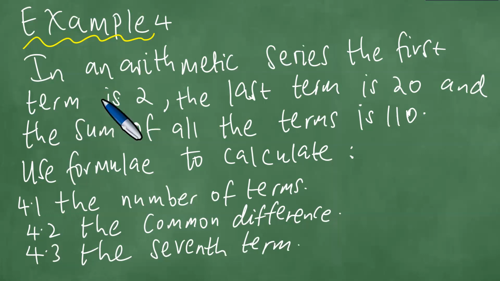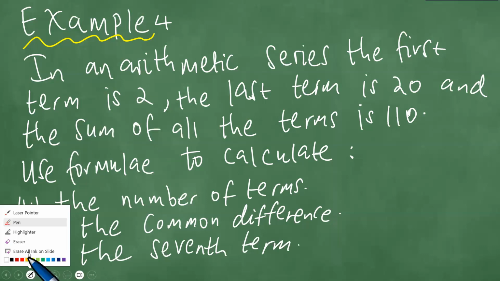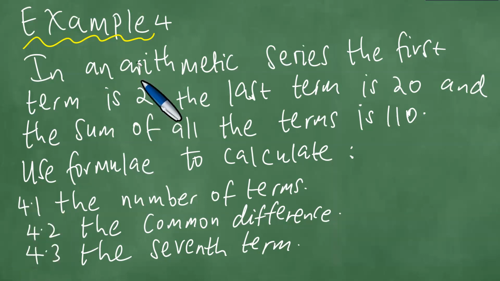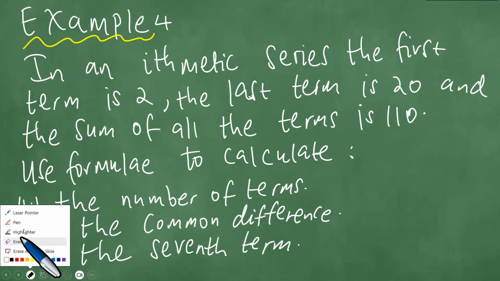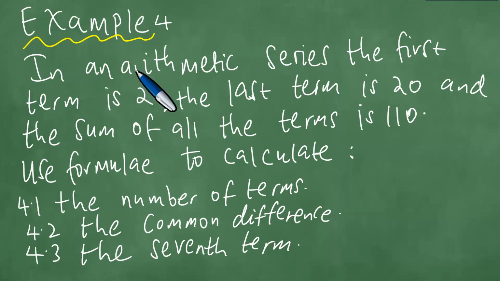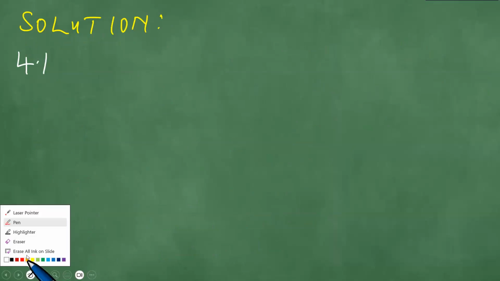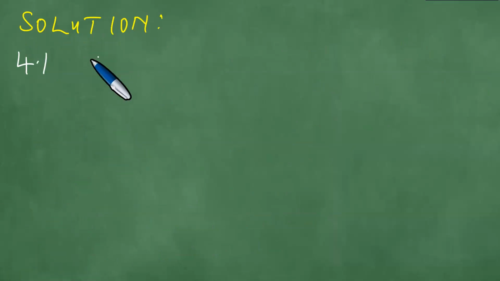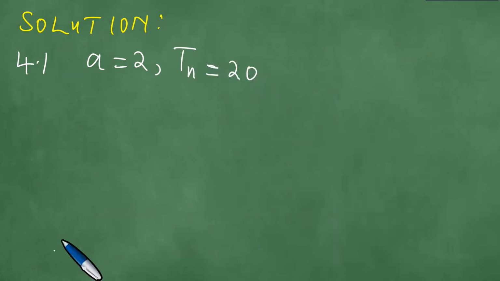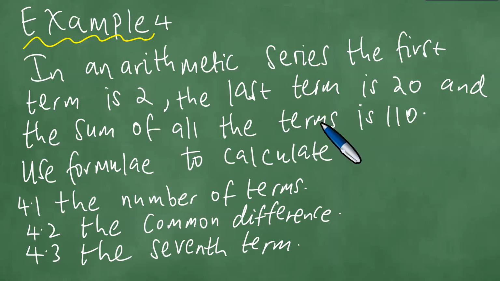Right. Here in an arithmetic series, the first term is 2 and the last term is 20, and the sum of all the terms is 110.